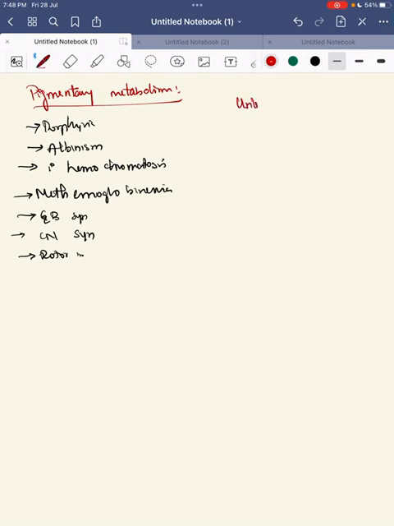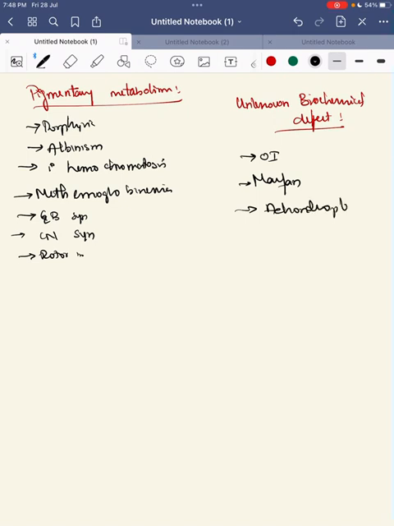Next, among the unknown biochemical defects, these include osteogenesis imperfecta, Marfan syndrome, and achondroplasia. These are the classifications of inborn errors of metabolism.